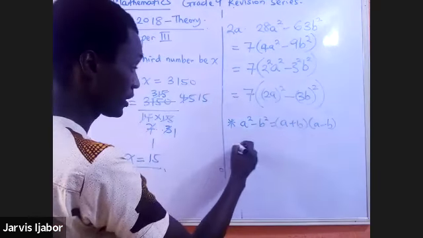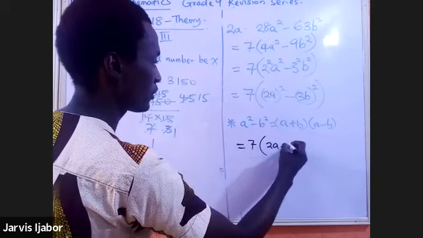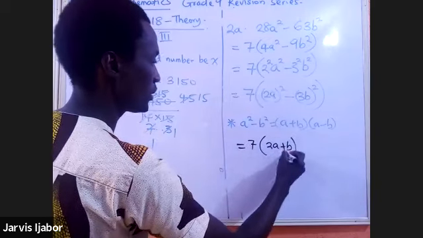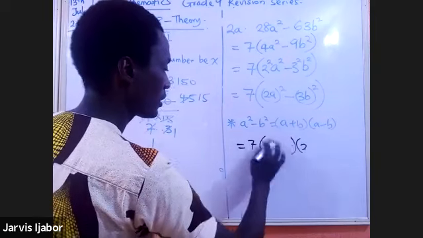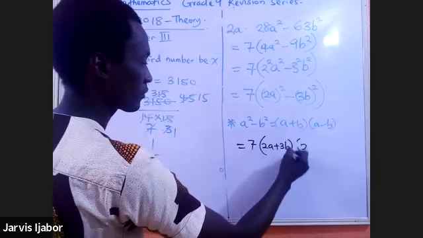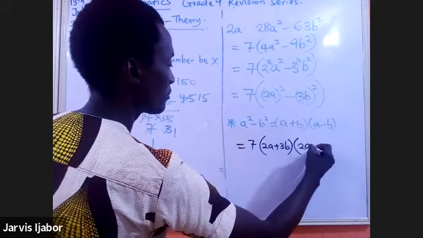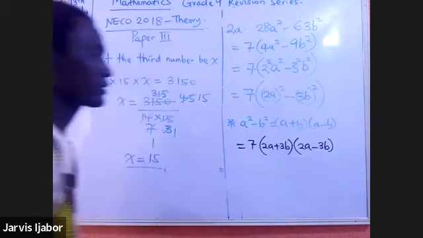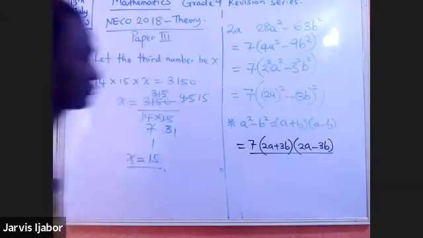So from here, this will be equal to 7 into (2a plus 3b) into (2a minus 3b). All right. So that's what that will be, and this will be the final answer.